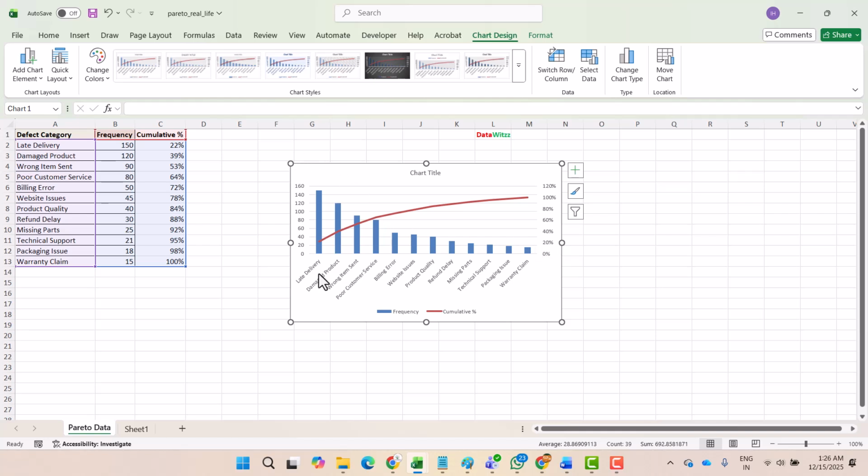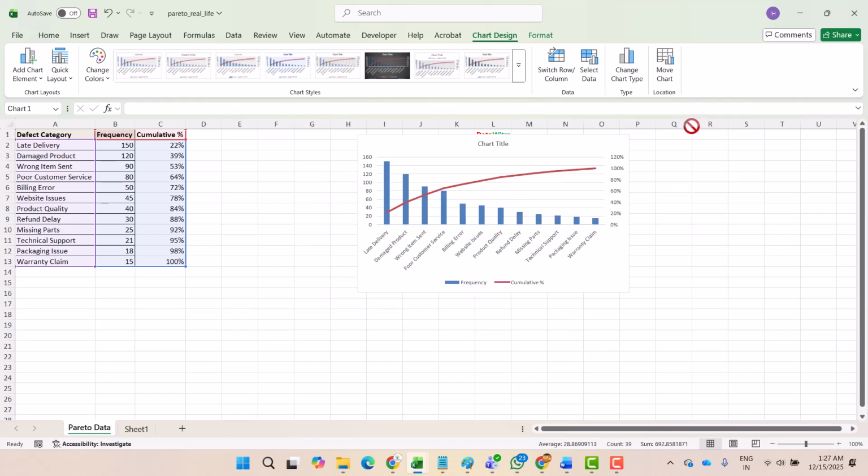So we need to put more focus on rectifying the problems due to these defects. This is one way that we have created our chart.